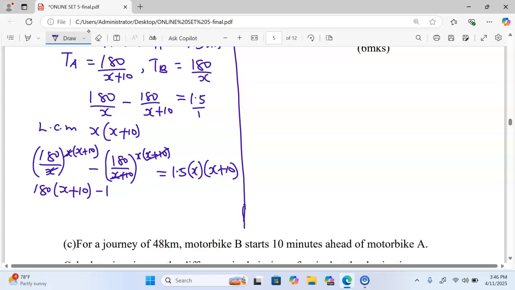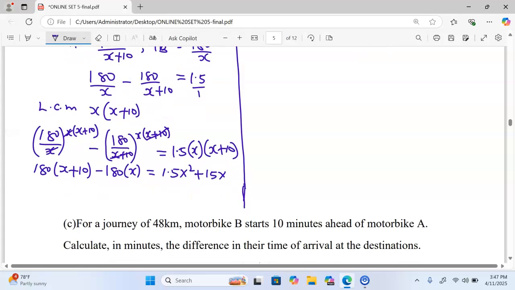We are going to have 180 multiplied by x, and this is going to be equal to 1.5 times x, which gives us 1.5x squared, and 1.5 times x times 10 gives 15x.